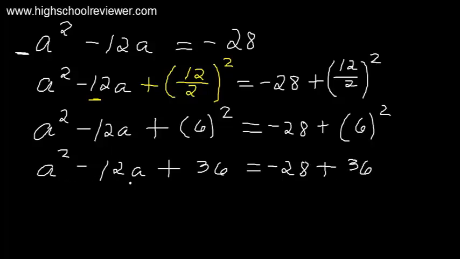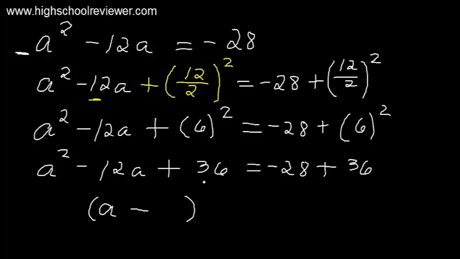A squared minus 12a plus 36 is a perfect square. So since this is a perfect square, the factor now will be the factor of a squared, and that will be a. And since this is minus, we are going also to subtract.